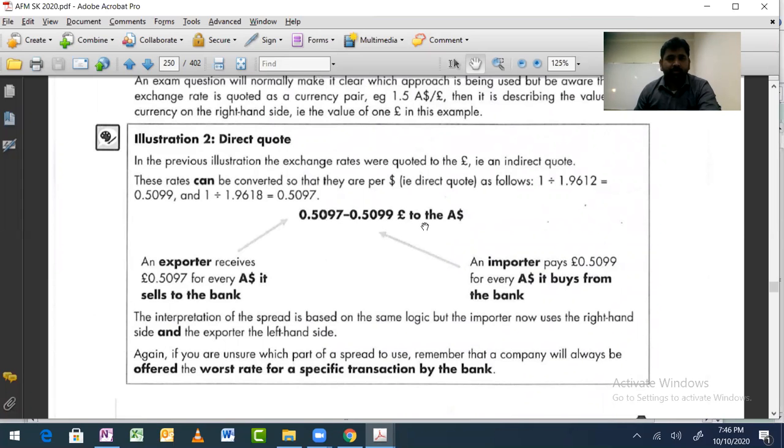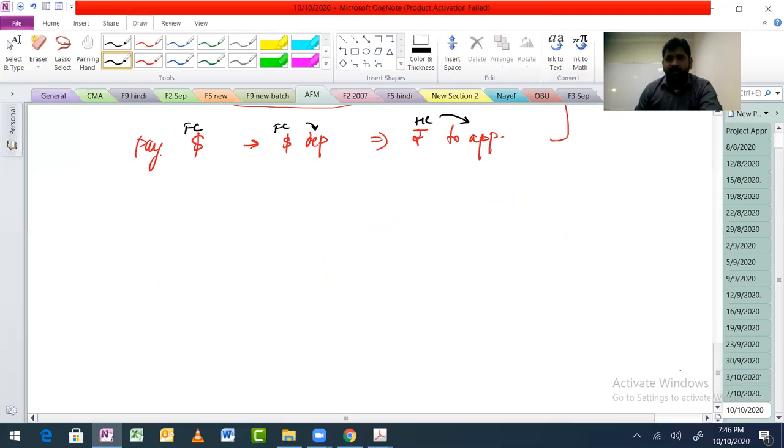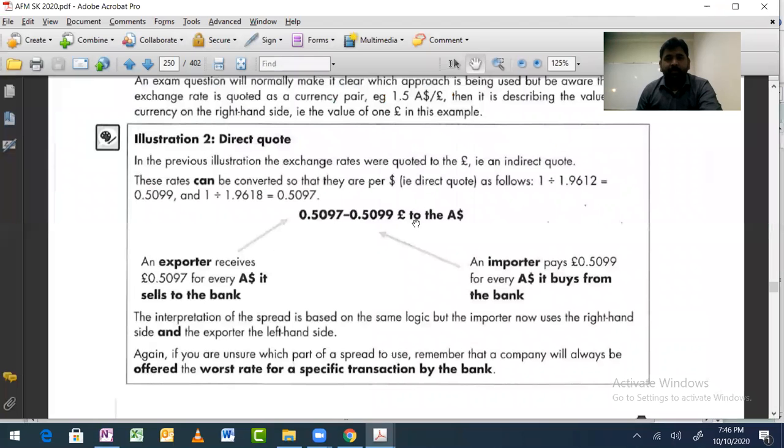Pounds to the Australian dollar, right? So if the quotation is like this, 0.5097 dash 5099, and this is pound to the Australian dollars.